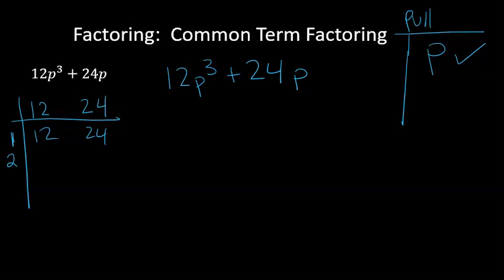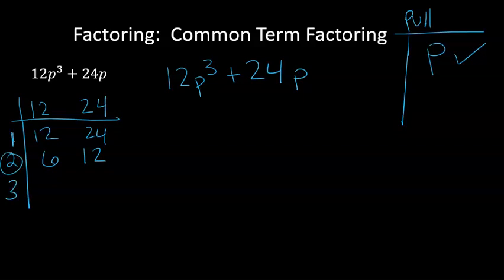If I pull out a 2, what can I multiply against 2 to give me 12? Well, maybe I can do a 6. And then maybe I can do a 12. I could maybe use 2. But the thing is 6 and 12, I can keep pulling more stuff out.